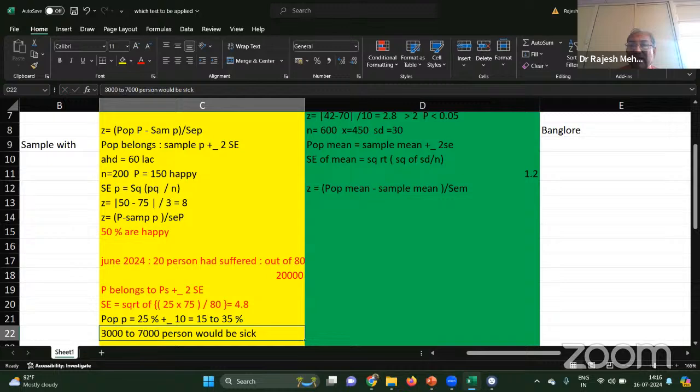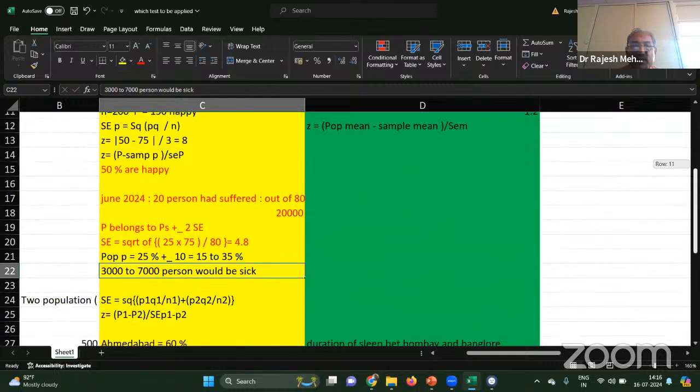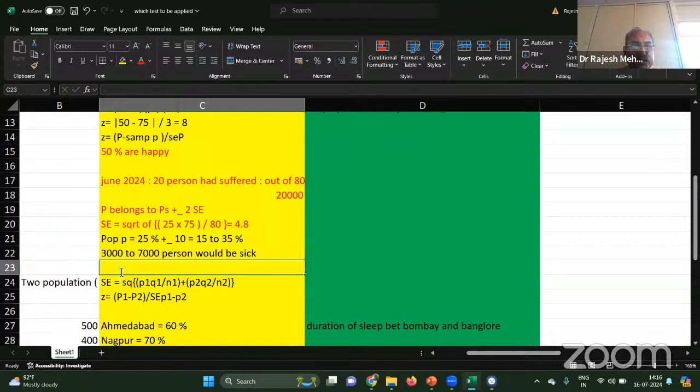So if you have understood, my another question is, suppose the actual survey when done in this 20,000 population, data was taken out, and it was found that the actual number of people who suffered was 2,500 out of 20,000.